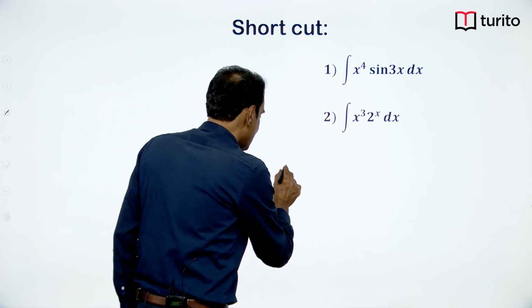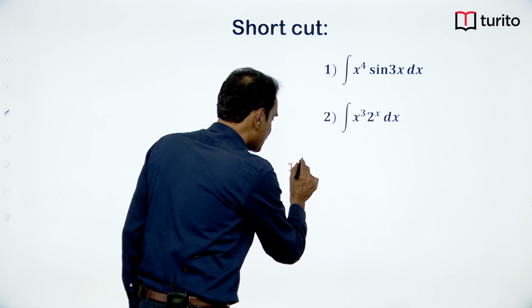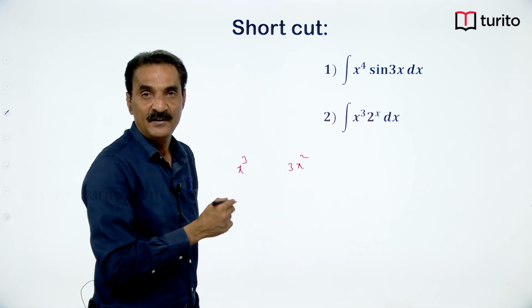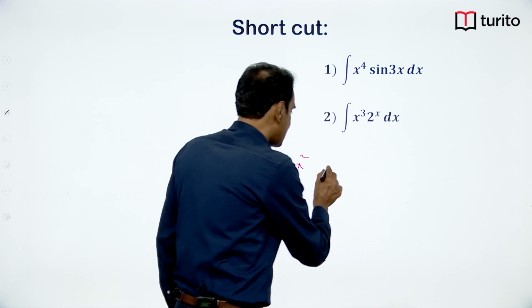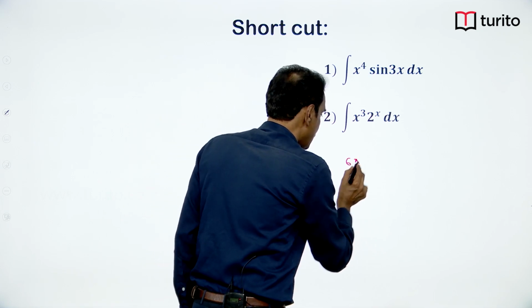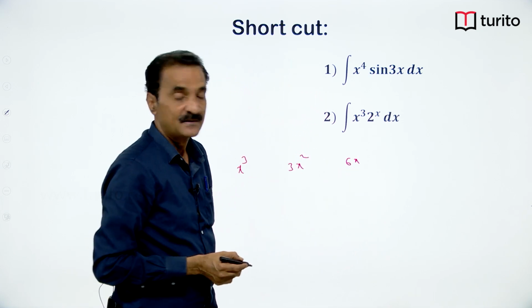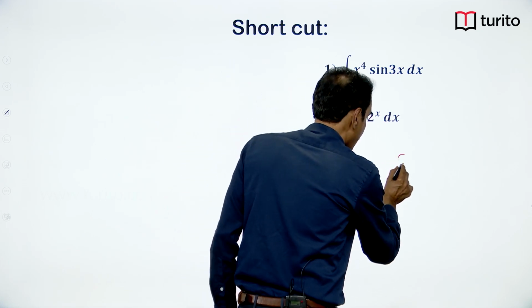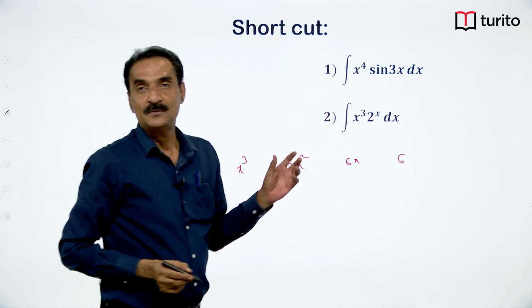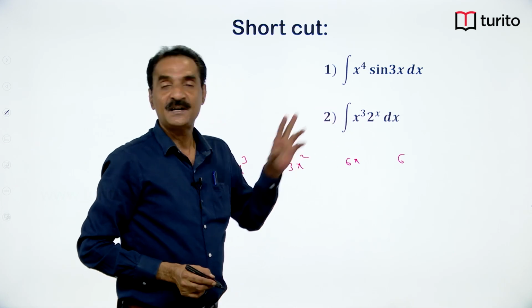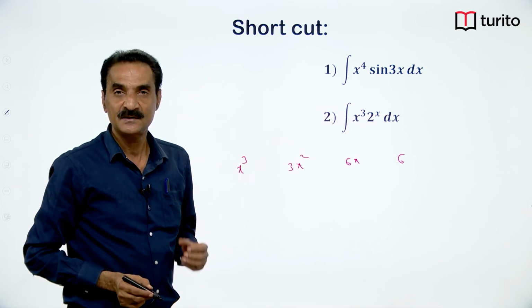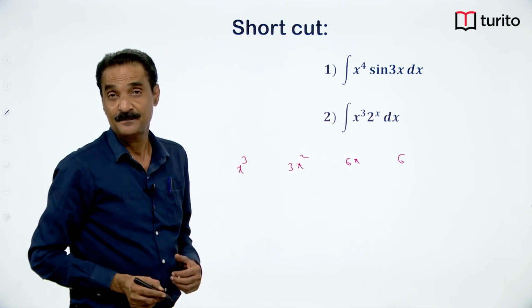Derivative of x cube is 3x square, then derivative of 3x square is 6x, again derivative of 6x is 6. Now, multiply by the integrals of the second function, that is 2 power x.